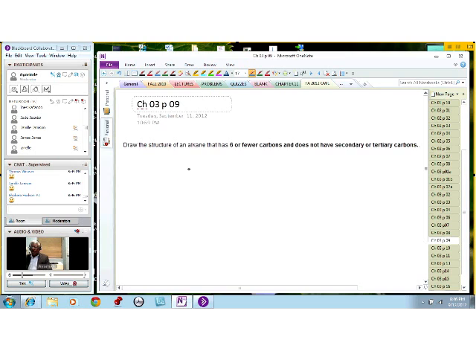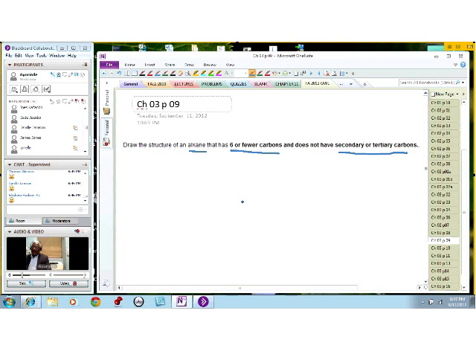Okay, so what they want us to do here: draw the structure of an alkane. It must be an alkane that has 6 or fewer carbons and does not have secondary or tertiary carbon. So what they are testing here is whether you know what the different types of carbons are. Whatever you draw here must not contain secondary or tertiary carbon.